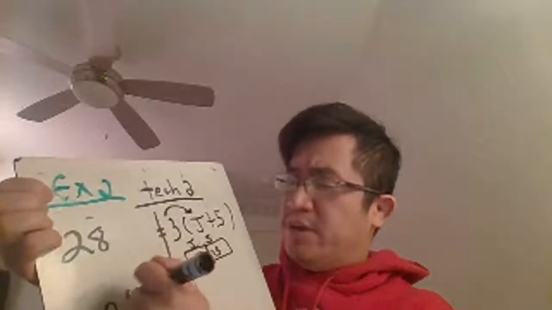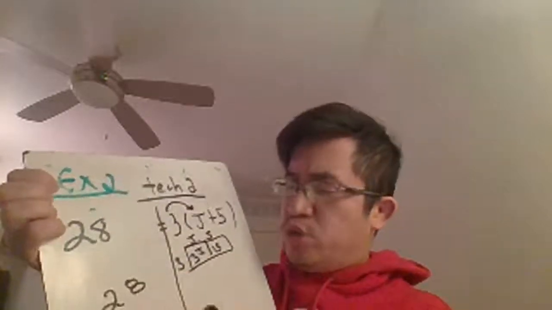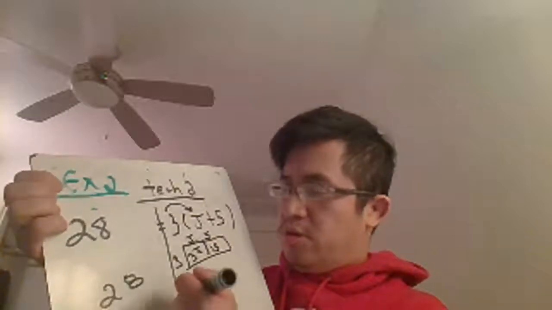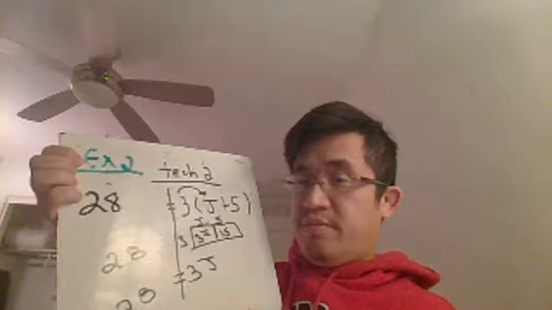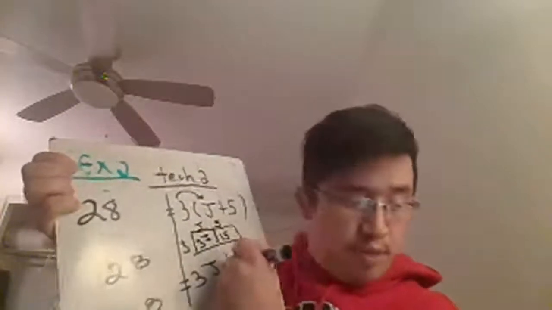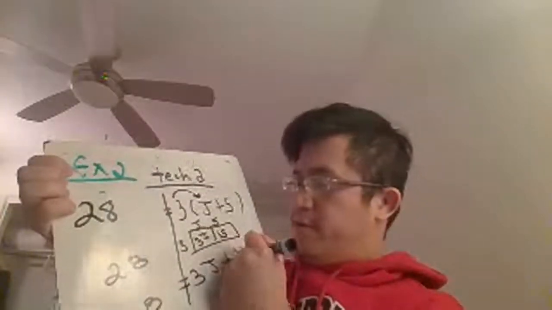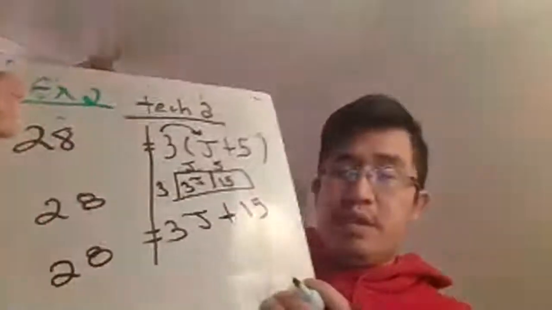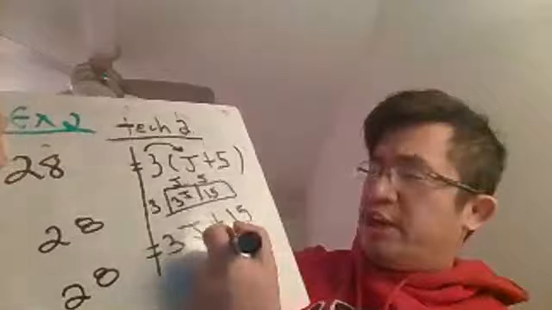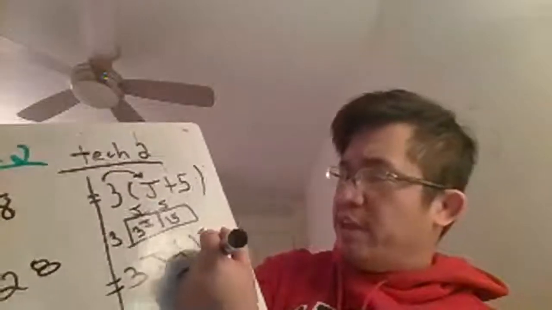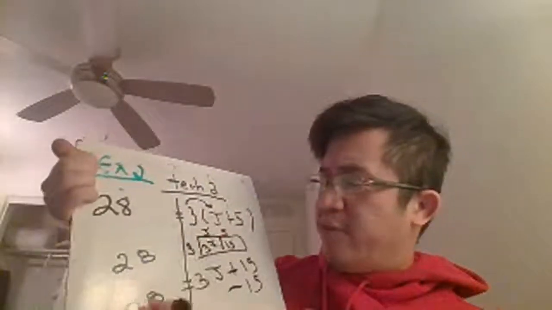So what happens is this. I get 28 equals 3J plus 15. So now we can solve this like how we did earlier in the chapter. We'll subtract 15 on the right, and we'll subtract 15 on the left.